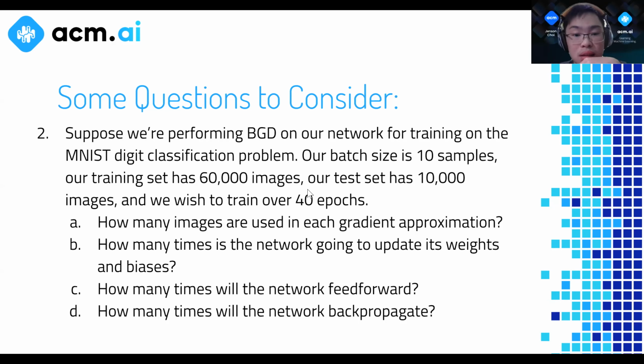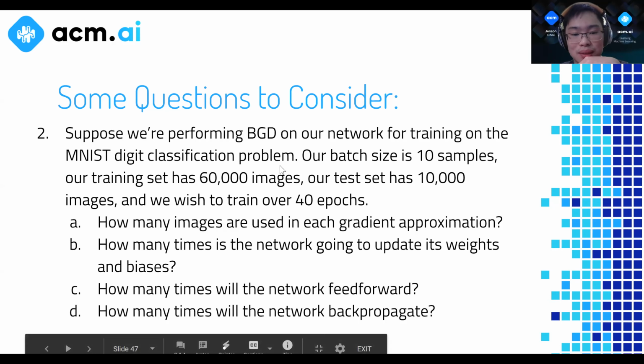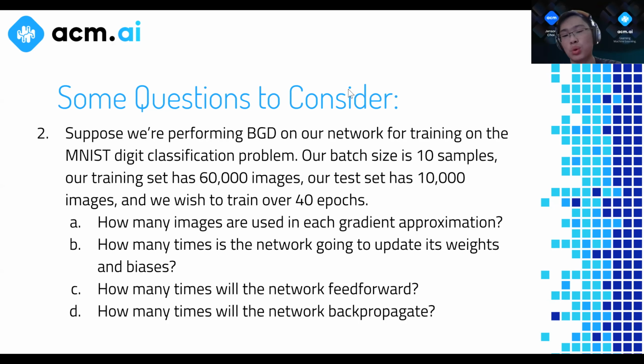Okay, good. So the next question is, how many times then will the network feed forward? Remember, feed forward means making a prediction. Okay. So one epoch means the model goes through the entire data set once, but for each batch, we're doing a feed forward and backprop.